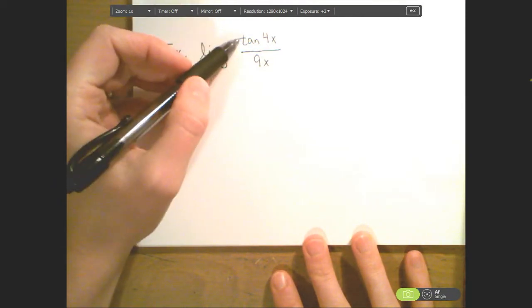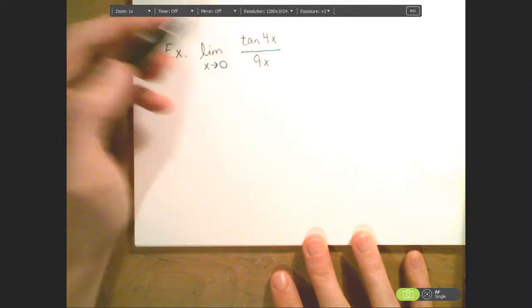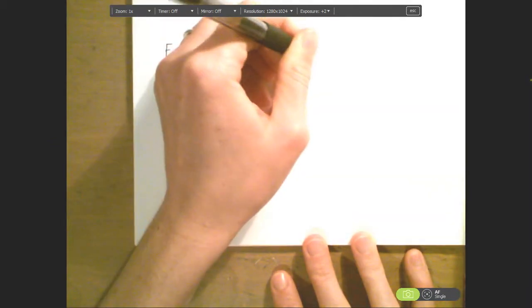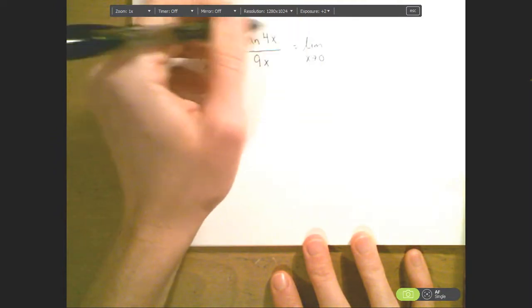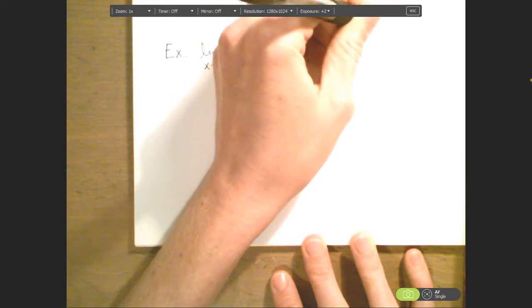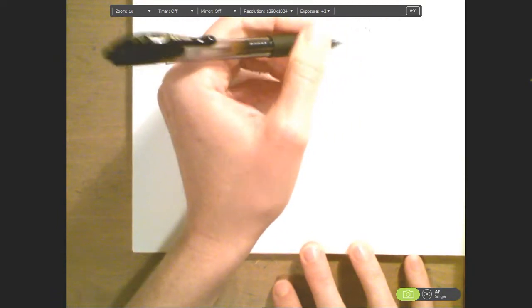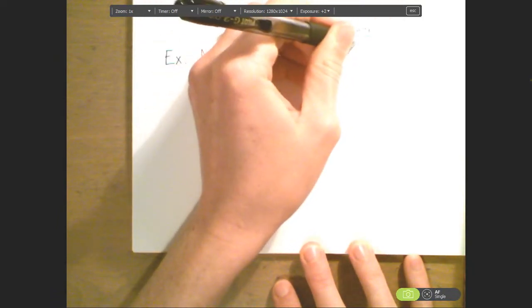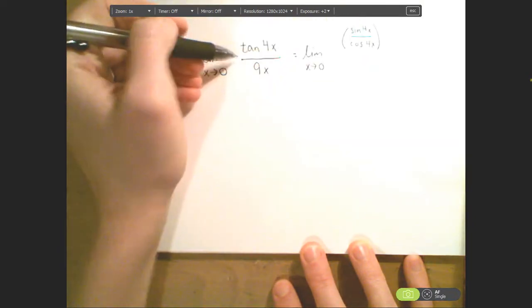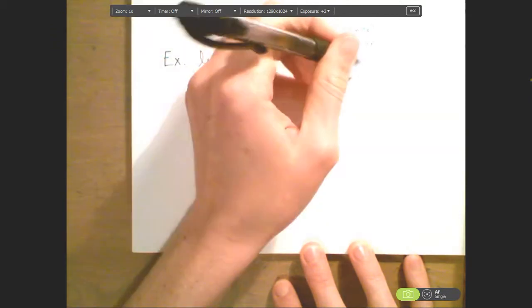How can we approach this? We don't know how to deal with tangents, but I'm just going to use some trig identities to write tangent as the same thing as sine of 4x divided by the cosine of 4x, right? That's just rewriting tangent, and all of that is divided by 9x.